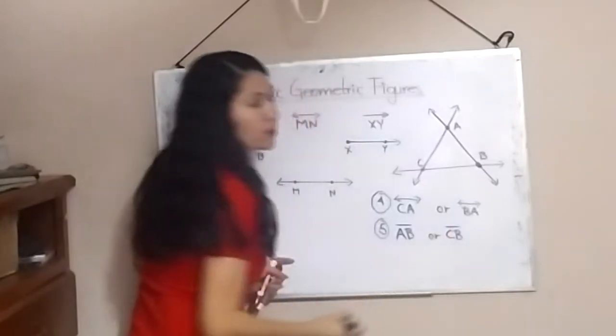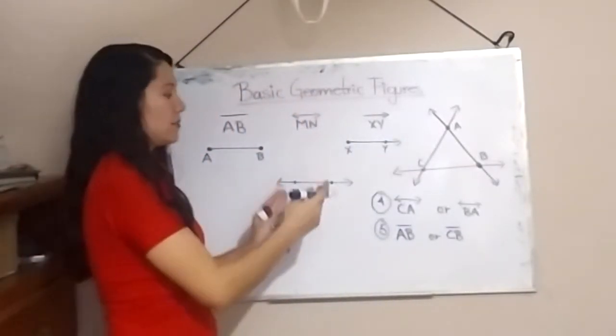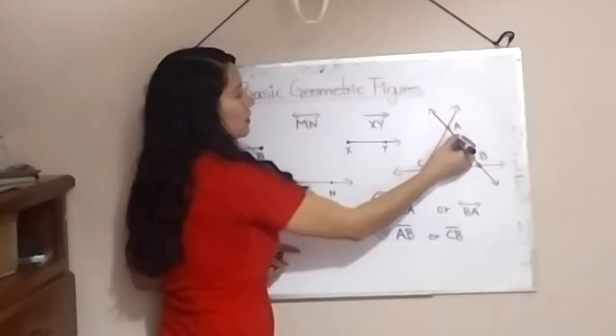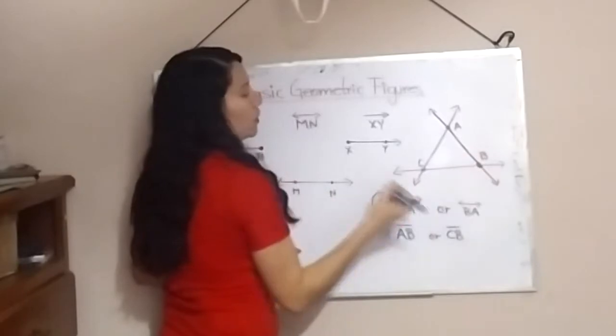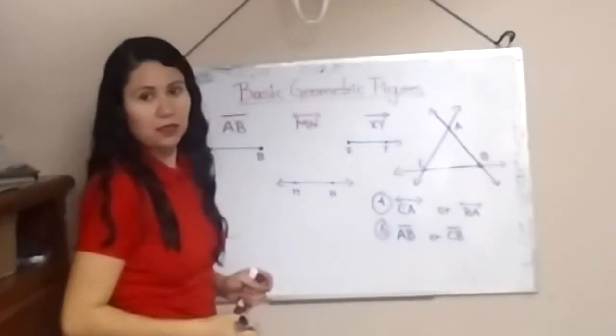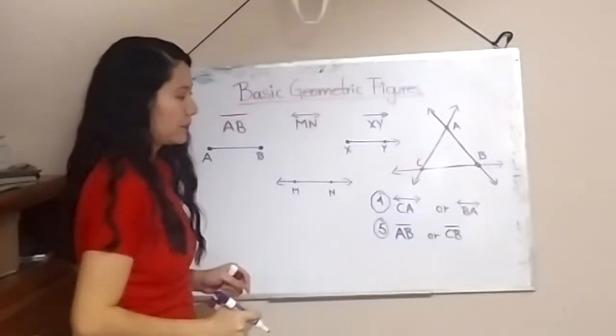And we are going to represent it with no arrows because it has a beginning in A and ending in B, or beginning in C and ending in B. Okay, it doesn't go on, it stops in there.